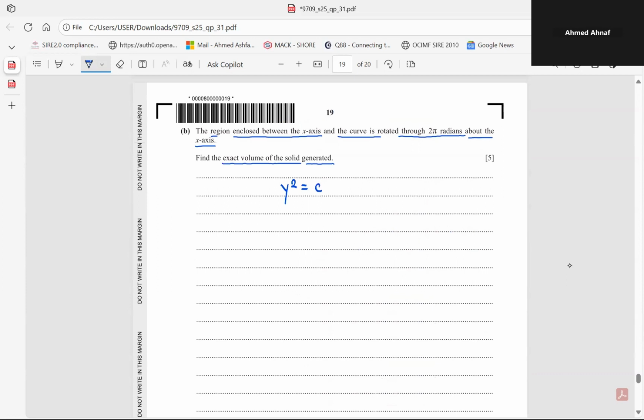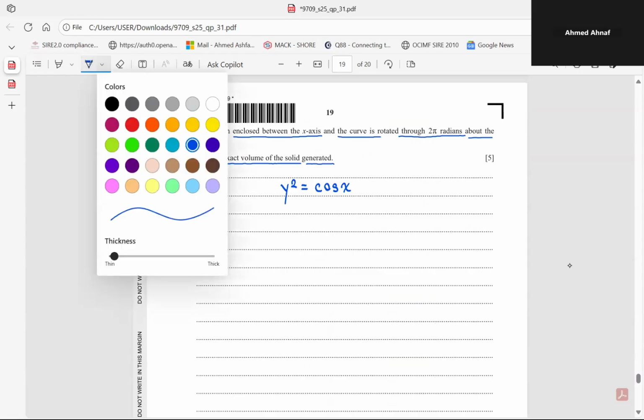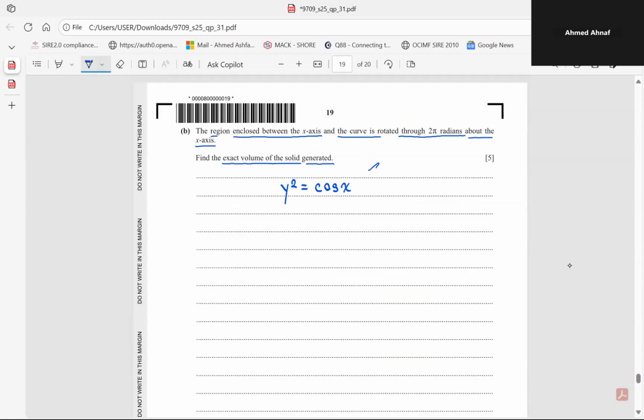So this would be 2 cosine x times sine 2x, squared. So this is just 4 cosine squared x times sine squared 2x.